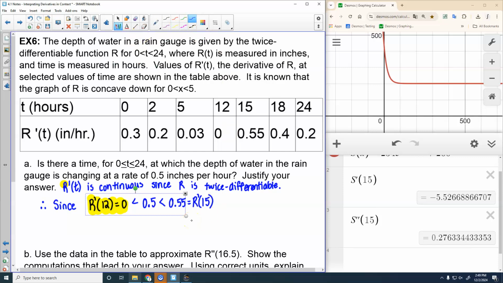So since you're below 0.5 at one point, and then you're above 0.5 at another point, we can say by the intermediate value theorem, R prime of t equals 0.5 inches per hour at least once.